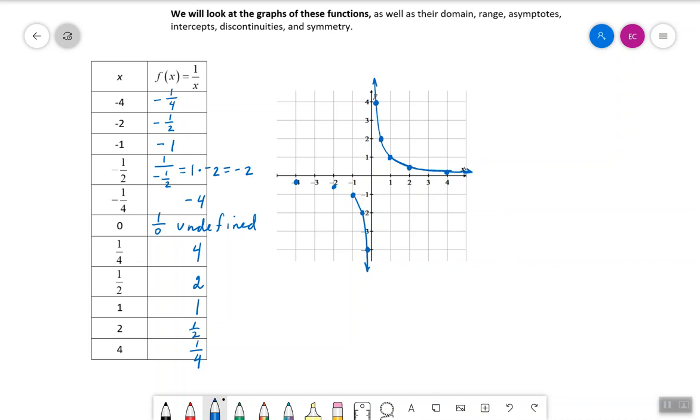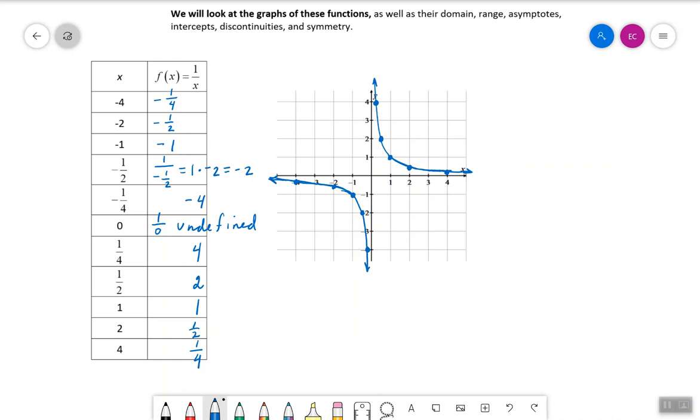This graph, a rational function, can level off as 1 over x does. Levels off toward y equals 0. And it does the same thing for similar reasons at the left end of the graph.